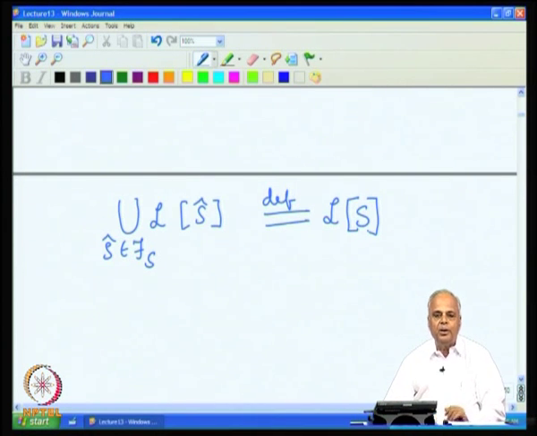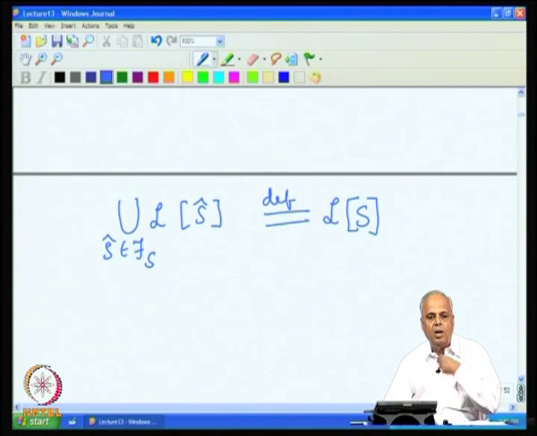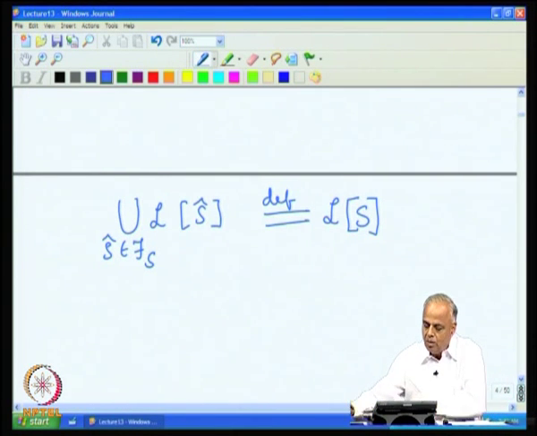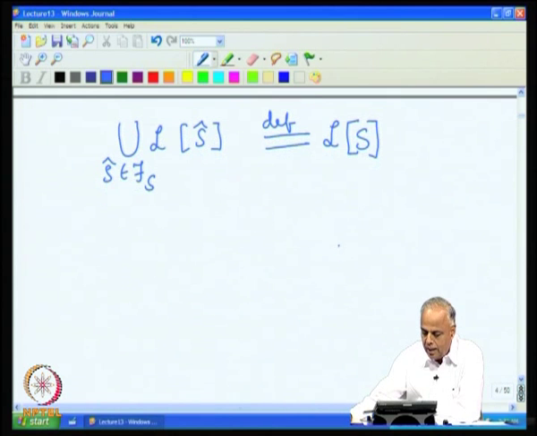So, when S is an infinite set, you take all possible finite subsets of S and look at all the possible linear combinations of these, and we get L(S).